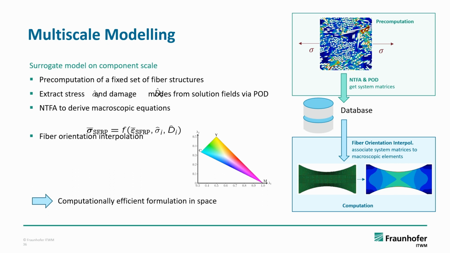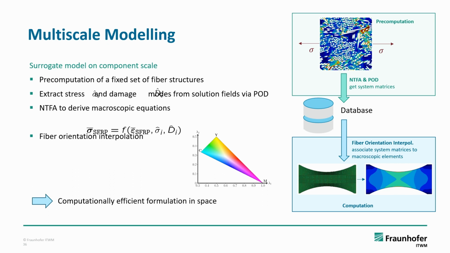This is basically a method built upon reduced order modeling. We can store the system matrices derived from the NTFA approach into a database, and finally, via a fiber orientation interpolation, associate the macroscopic elements to the material law stored in the database.